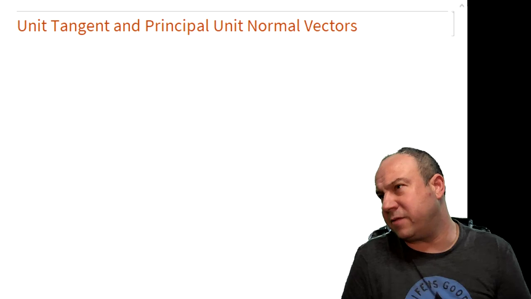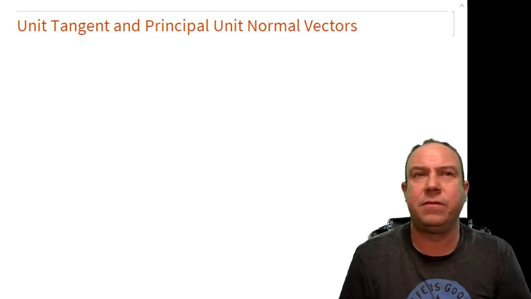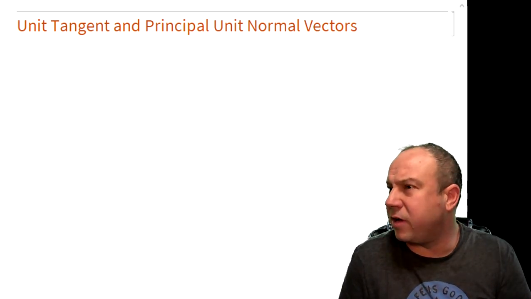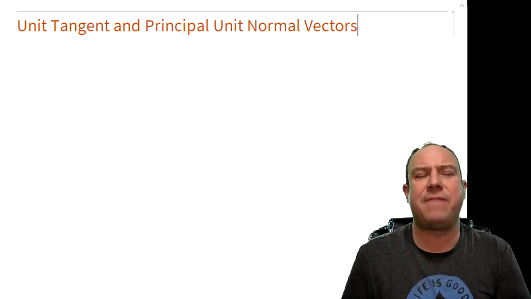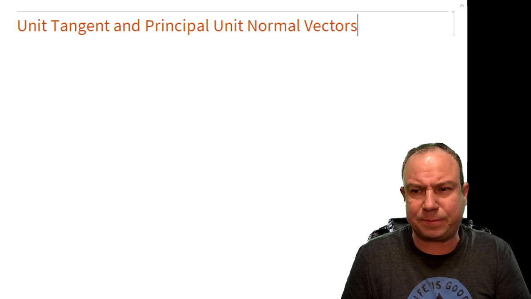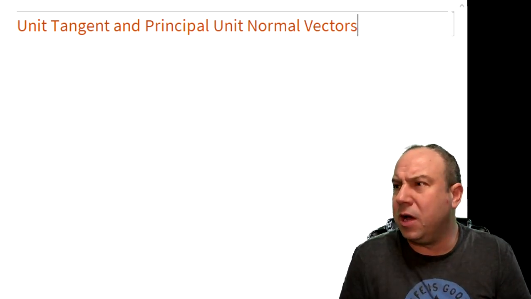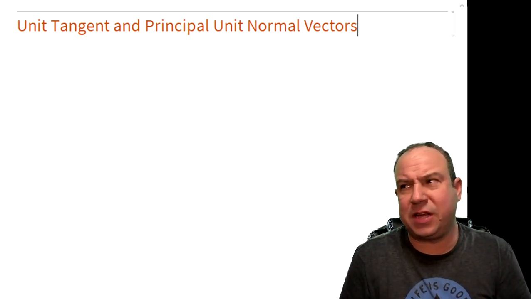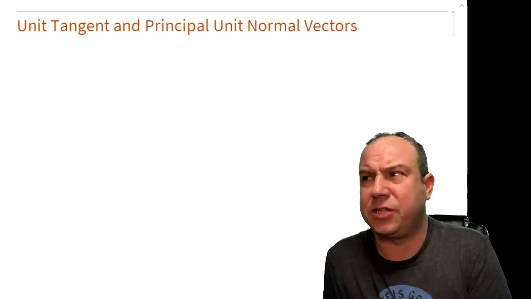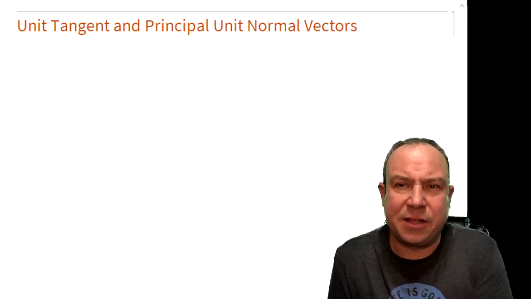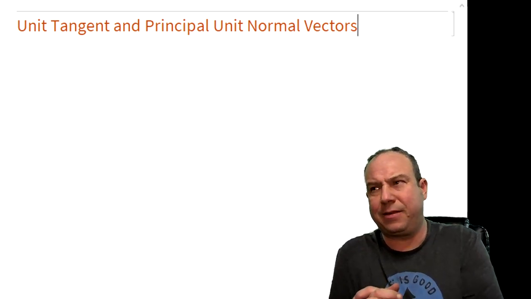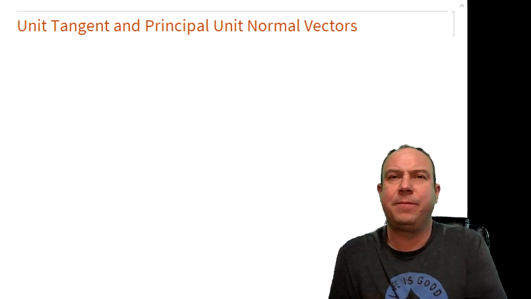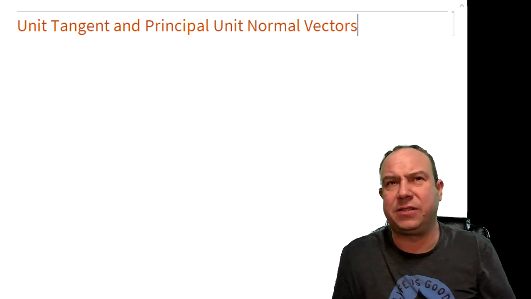Remember, the unit tangent vector is a vector that's tangent to our curve, that points in the direction of our curve. And the principal unit normal vector is a vector that is orthogonal to that unit tangent vector, that tangential direction. It points into the curve, right? It is 1 unit in length, right? It has all those properties.